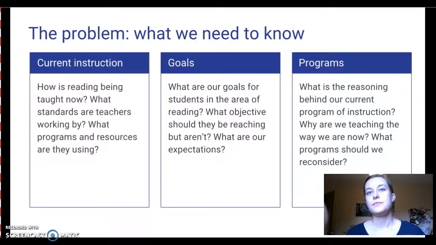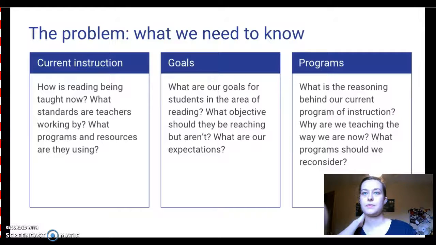And then I also wanted to know our goals for reading. What kind of objectives are they not reaching? What specifically are they not getting? And what are our expectations for them?